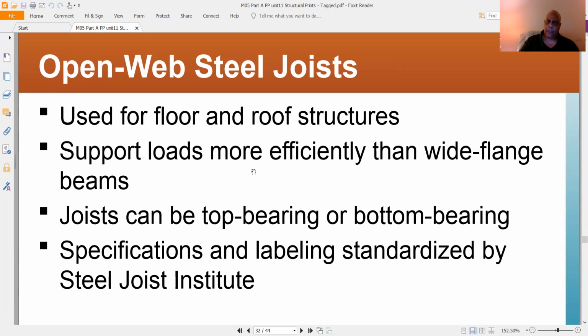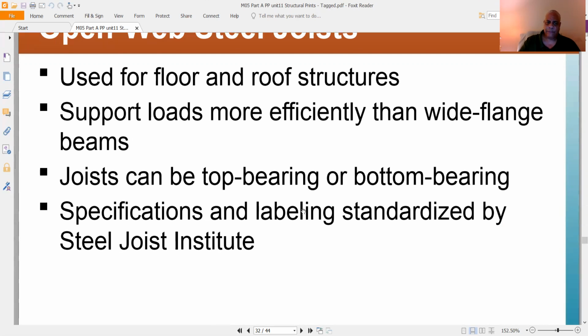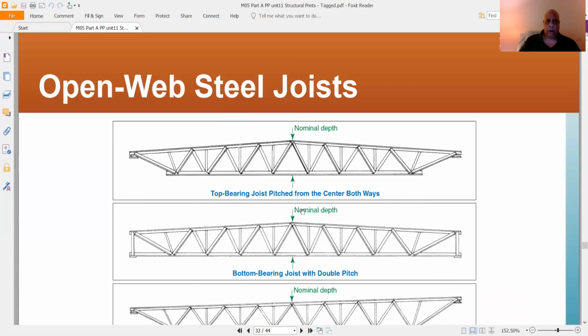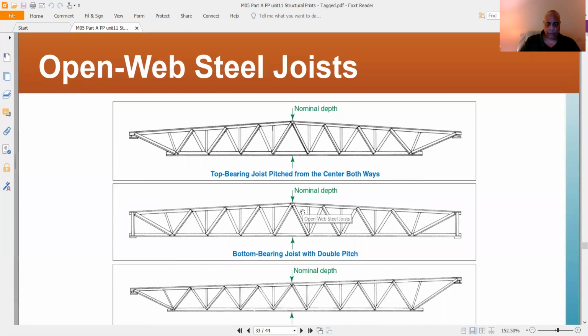It's by the American Steel Institute. It's a black manual, it has all the specifications and labeling. Everything is by the steel. Then if you want concrete, you have the American Concrete Institute. Open web joists for buildings.